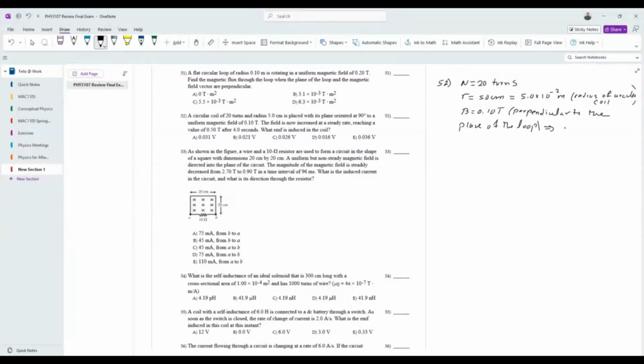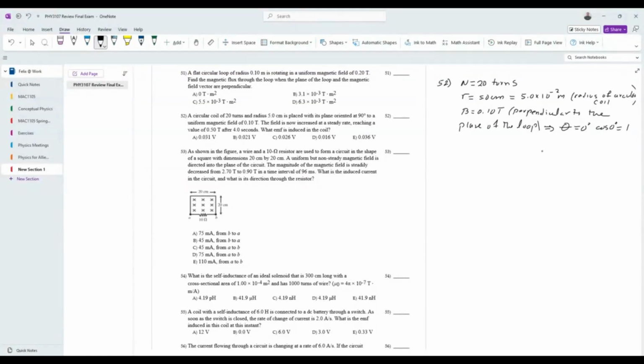So that means that the angle theta is 0 degrees, and the cosine of 0 degrees will be 1. So we will have the maximum magnetic flux.